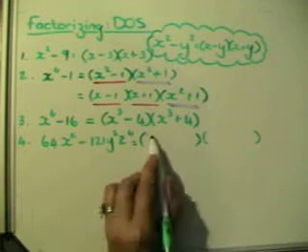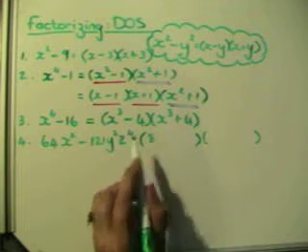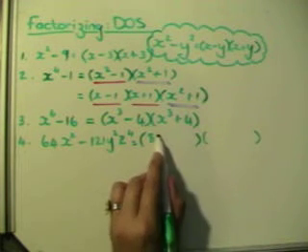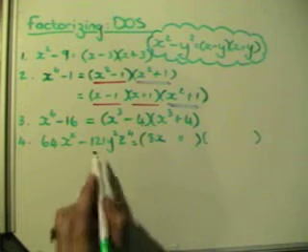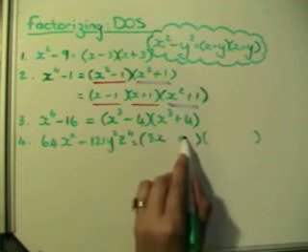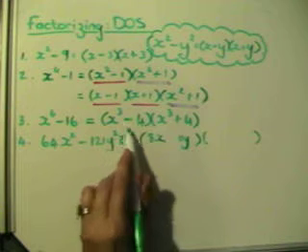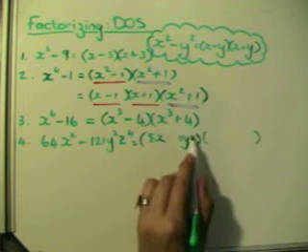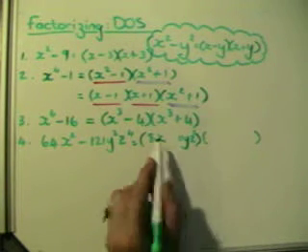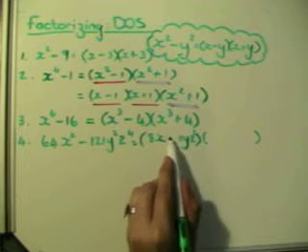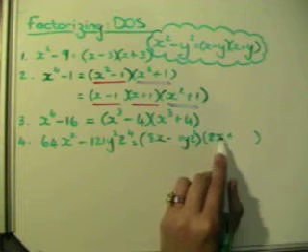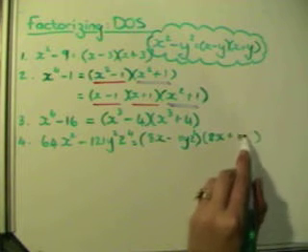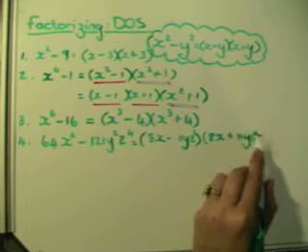The square root of 64 is 8. The square root of x squared is x. The square root of 121 is 11. The square root of y squared is y. And the square root of z to the power of 4 is z squared. And then I'm going to put this in a bracket with a minus and a plus. So I'm just going to copy the 8x and the 11yz squared there.